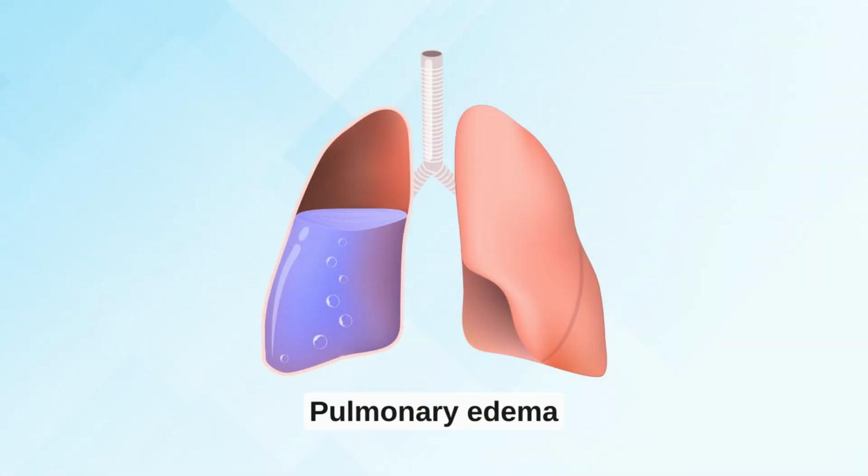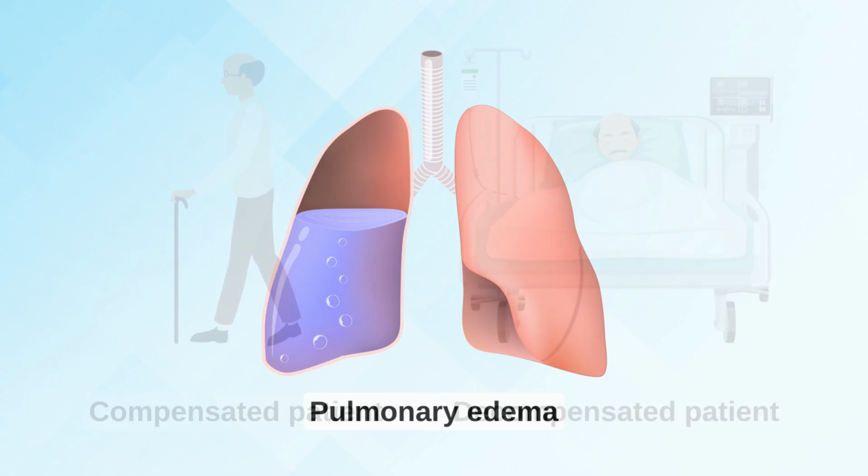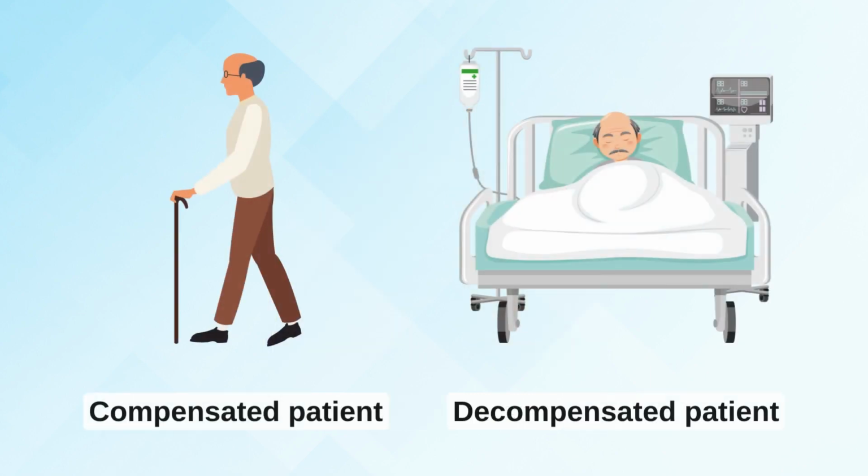We see a lot of pulmonary edema, so lung fluid in the X-ray, and so on. So this is the whole picture, and then we say this patient is decompensated, and this patient is now in the hospital, because usually this patient comes to the hospital, and there they will be treated in the hospital. So it's completely other treatment than we're dealing with a compensated patient that is treated at home by the family doctor.